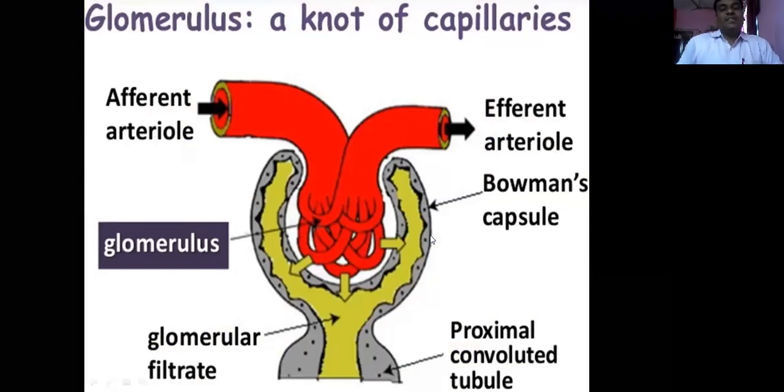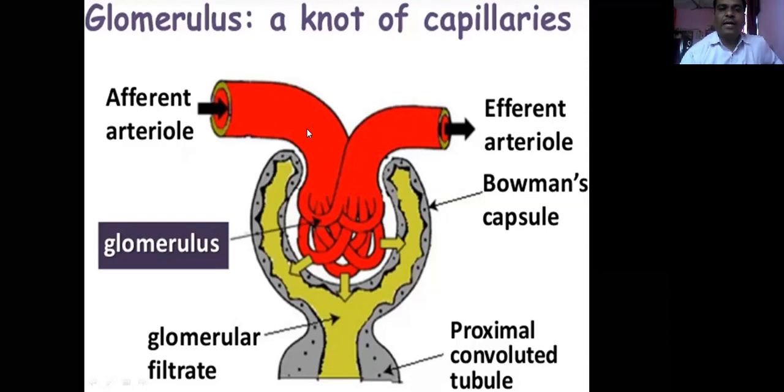Now, this is a very clear structure of the glomerulus, showing how the process of filtration takes place, which is called glomerular filtration. This is the afferent arteriole, the arteriole with the wide size.